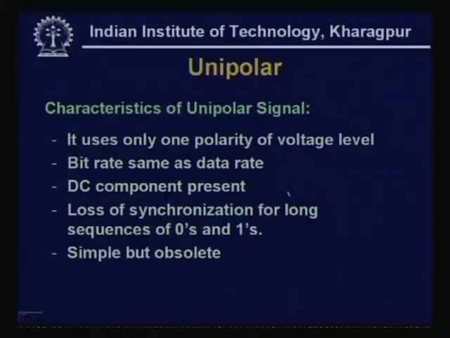It is not used because of the limitations. For example, the DC component present is a bad feature, loss of synchronization is a bad feature, and of course, the data bit rate and data rate are the same. We may not consider it good, but it is not definitely bad, but it is simple because it uses only one polarity of signal.